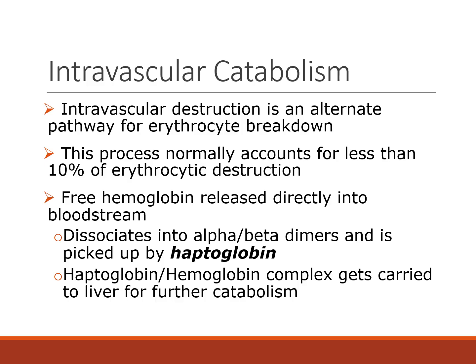So, obviously, intravascular catabolism is much, much worse than extravascular catabolism. In the case of senescence, most of that is extravascular. In the case of hemolytic processes, that is more likely to occur as an intravascular catabolism.